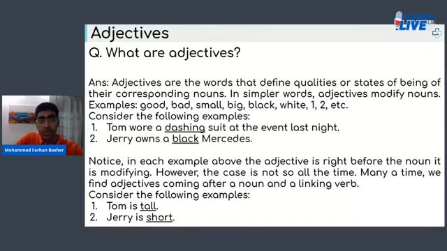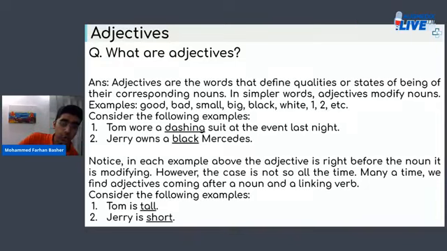Adjectives may also come after a noun, in a sentence where the noun precedes the linking verb, and the linking verb precedes the adjective. Okay, so Tom is tall here. First we have the proper noun, then the linking verb, and then the adjective. And the linking verb is basically linking the adjective to a proper noun, right?